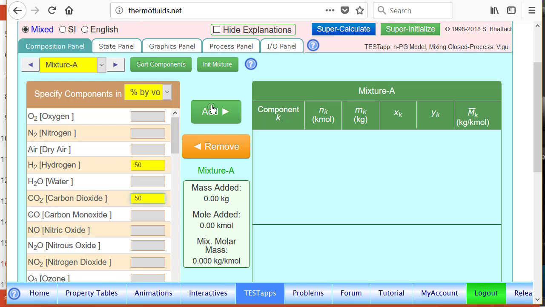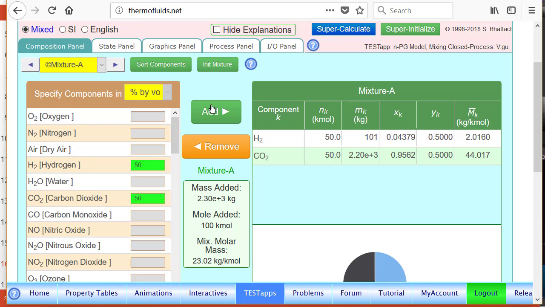Remember, these are just proportions, not absolute amounts, so this will be discounted in the final analysis. The mass fraction and mole fraction are what matter from this mixture. Notice that the mass fraction we are going to use, so let me write that down on the side, because I will need it while composing mixture C.